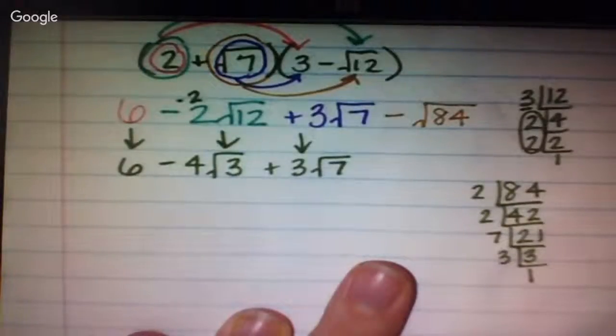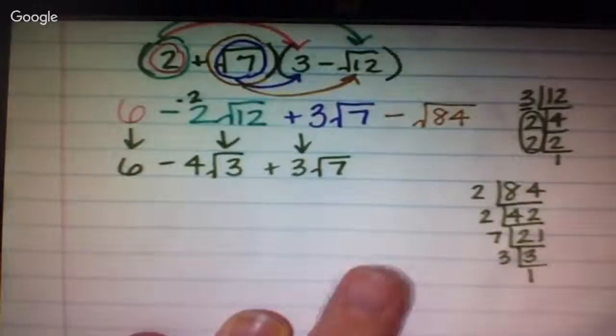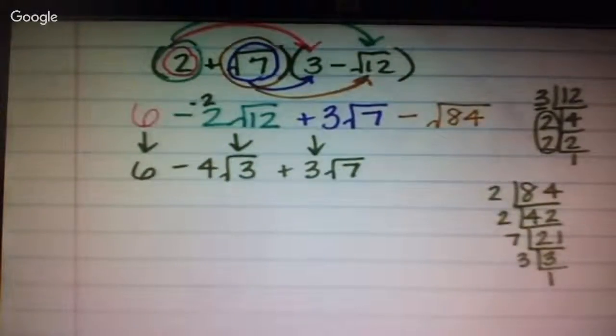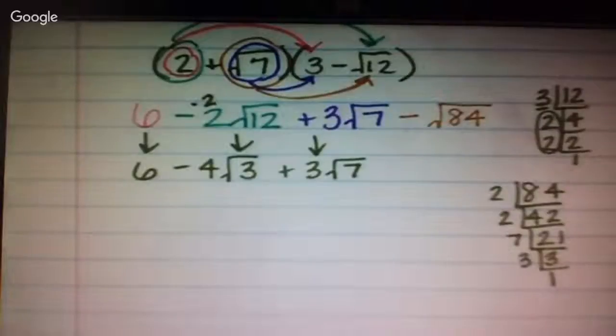No, 3 times 3 is 9, times 2 is 18. Not 12. I think you need to go back.